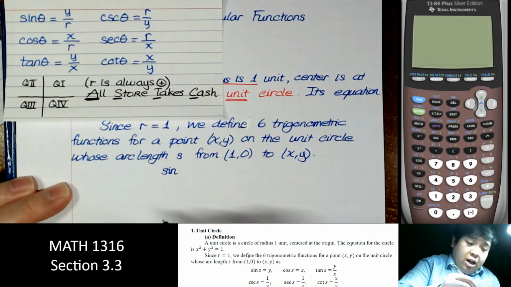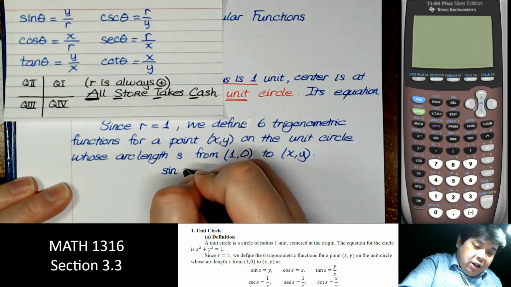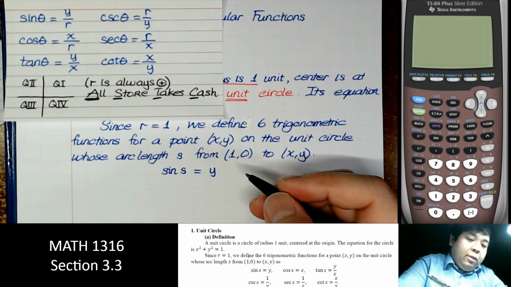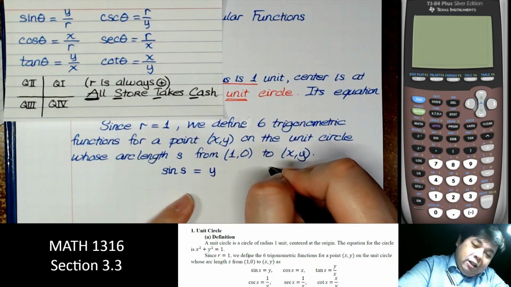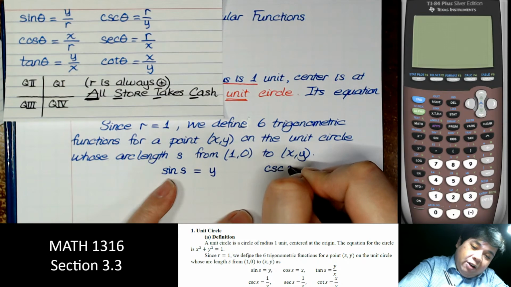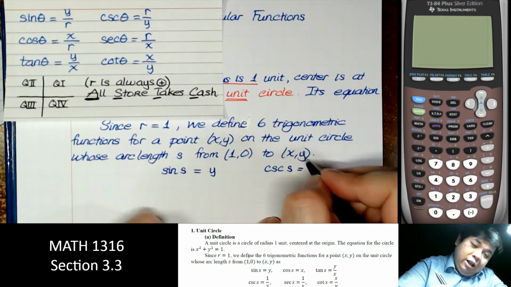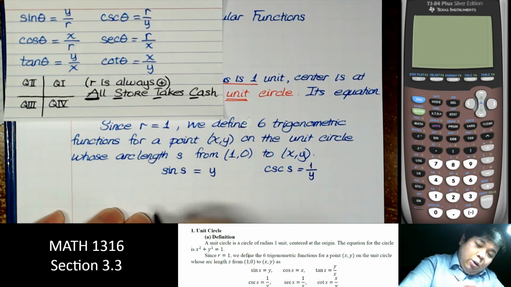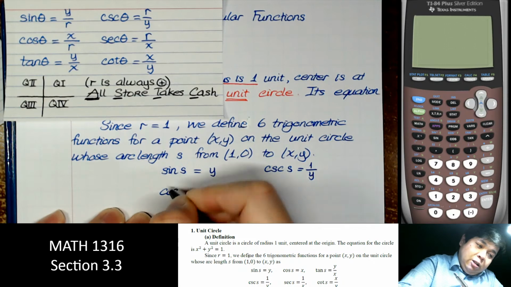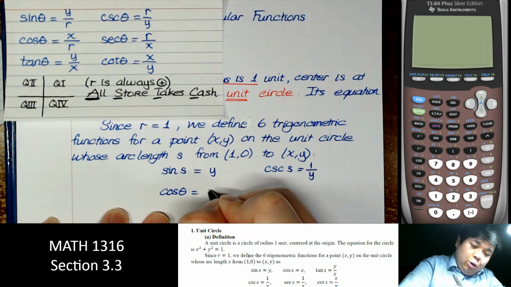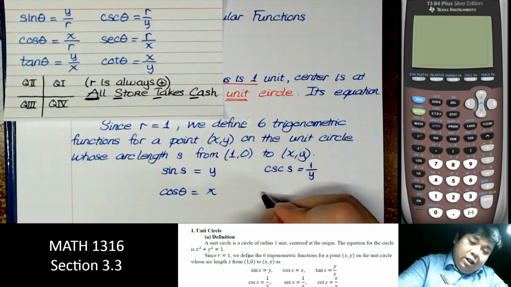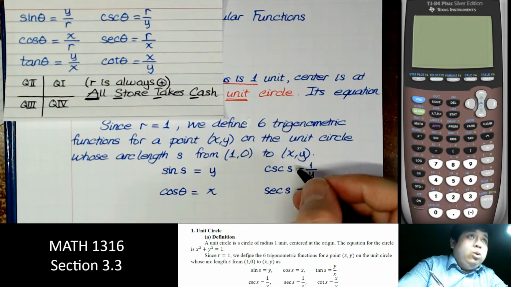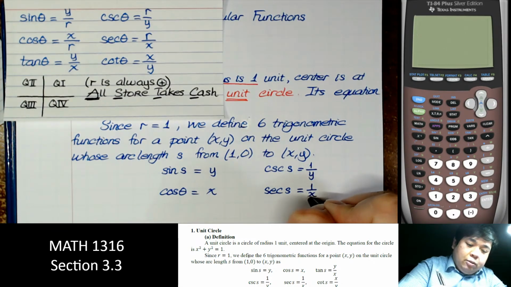Instead of theta, we're going to use s. So sine of s equals y. And cosecant of s equals 1 over y, because r equals 1. Cosine of s equals x, because r is equal to 1, and secant of s equals 1 over x.